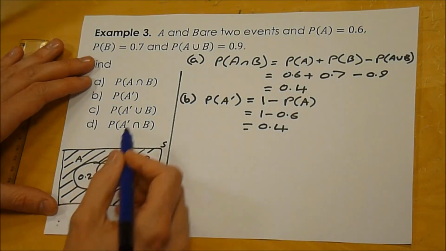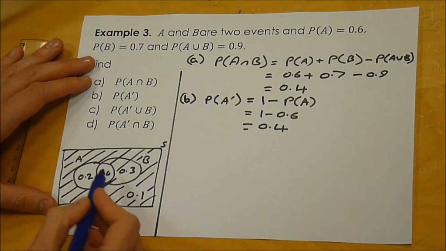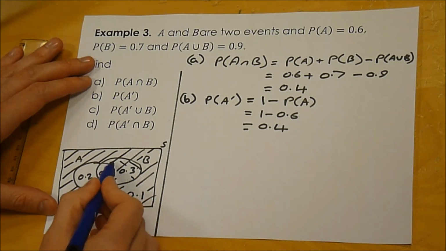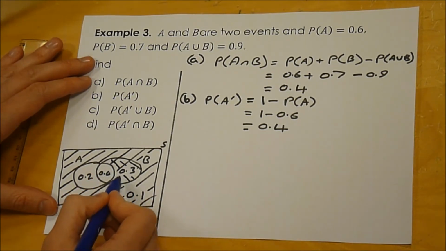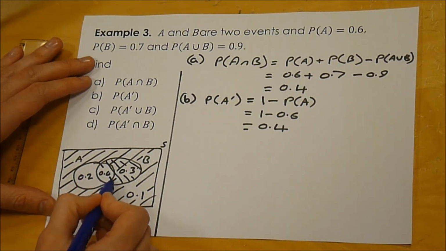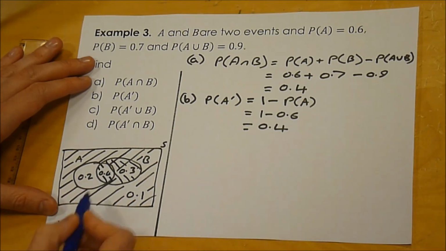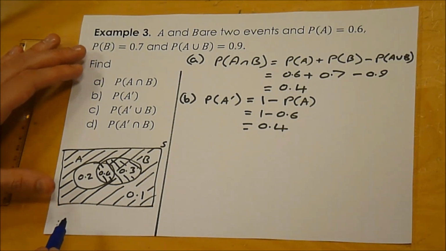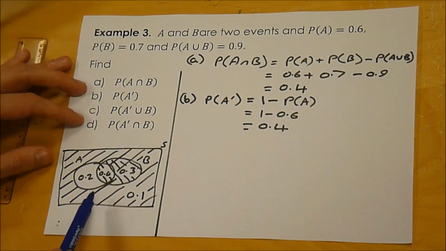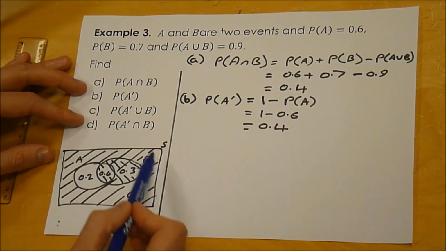Or the probability of B. So going this way, I'm going to do my probability of B. This is the probability of this bit inside here. It's maybe A, but it's certainly also B, so that bit's going there as well. Now, the probability of not A or B, well, when it's or, it's anywhere that's shaded.